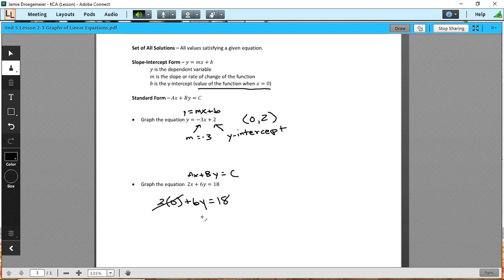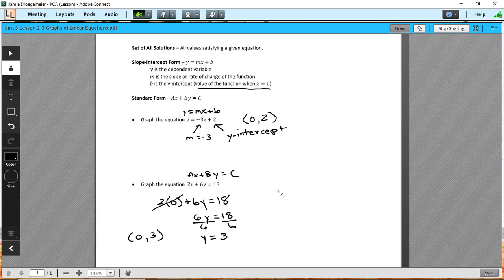So that zeroes that term out, and I'm just left with 6y equals 18. Then to solve for y, I undo that multiplication by 6, divide by 6, and y equals 3. So that means my y-intercept is at (0, 3).